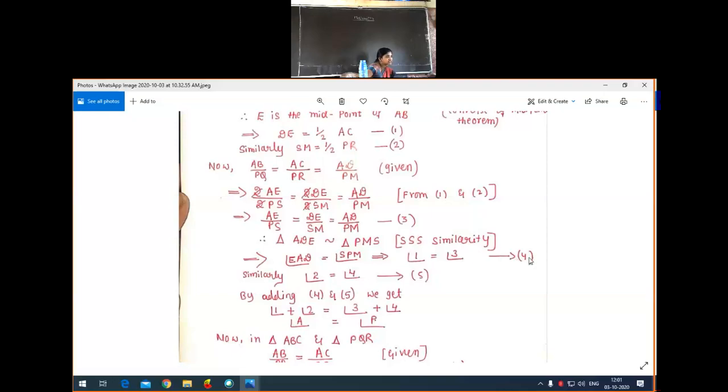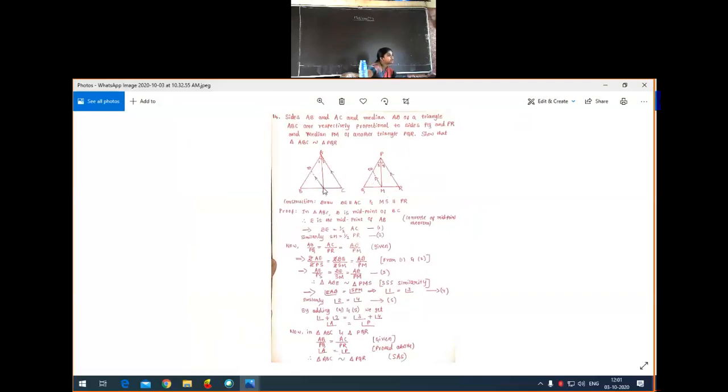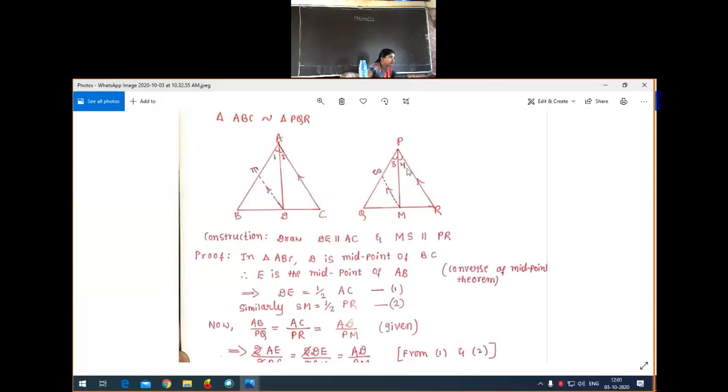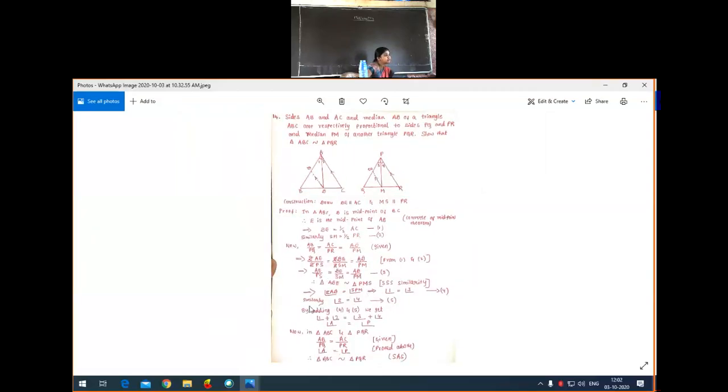Call this equation number 4. Now the same method we have to apply for this side. If you draw the line DE and line SM parallel on this side, again the same steps repeat, and you get the result that angle 2 is equal to angle 4. We need not revise the same steps, but we can use the word similarly.